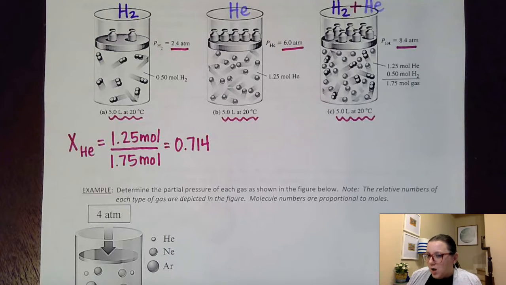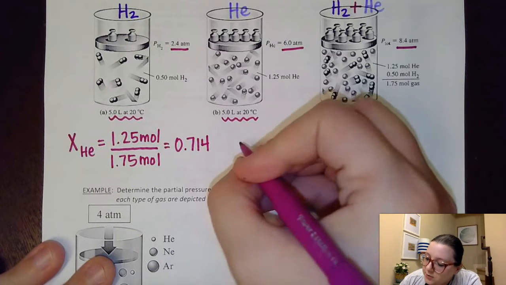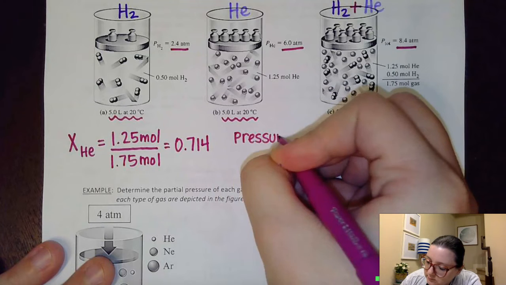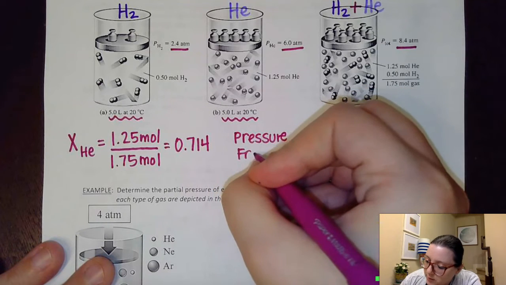Now, I also want to go ahead and calculate what's called a pressure fraction because I want to show you how these two relate. There's not a symbol for pressure fraction, so I'm just going to write it out here.